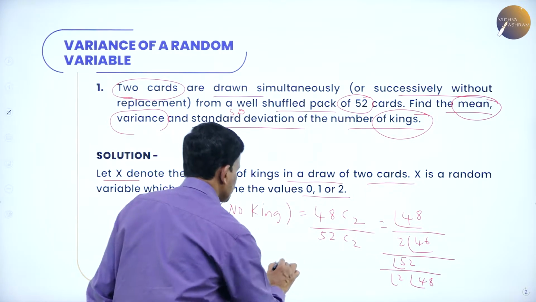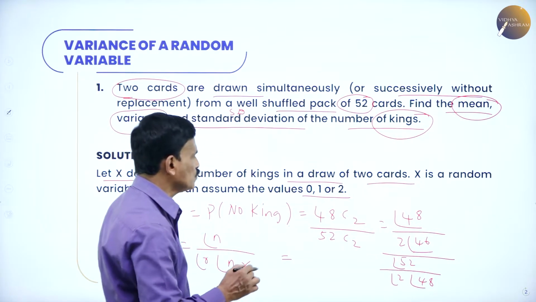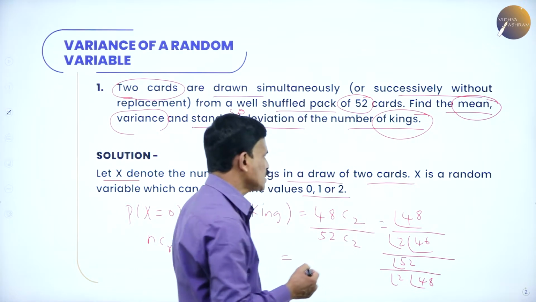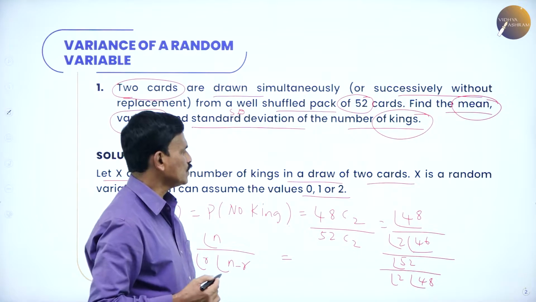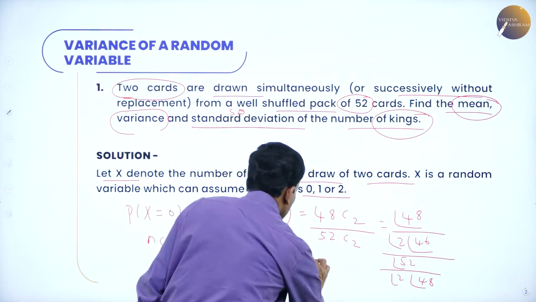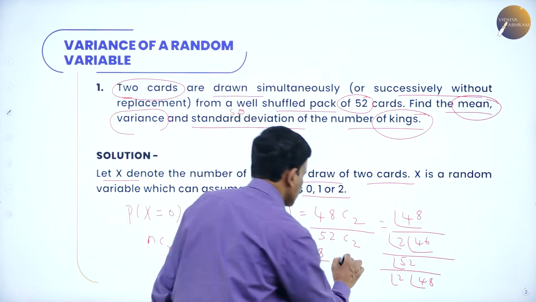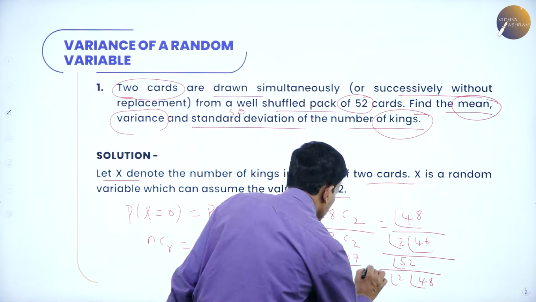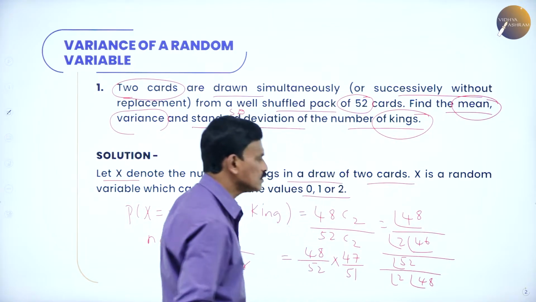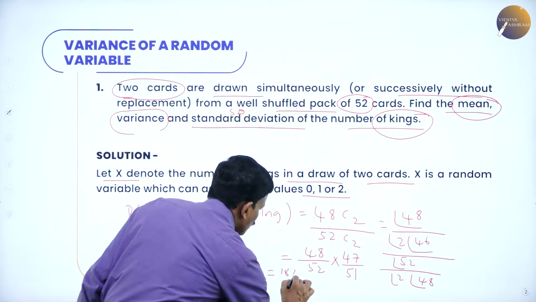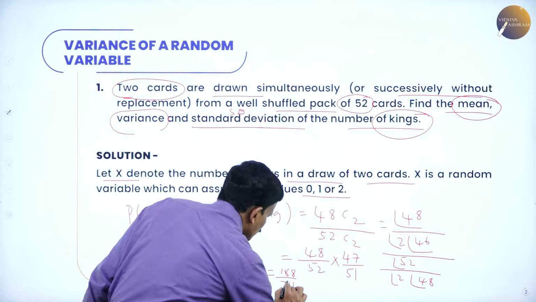On simplification, the factorial 2 gets cancelled, and the common factorial gets cancelled. The answer we get is 48 divided by 52 into 47 divided by 51. If you simplify this, you will get 188 by 221.